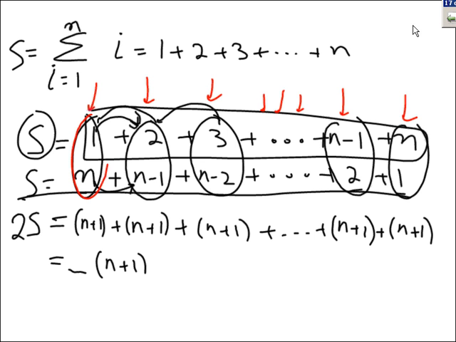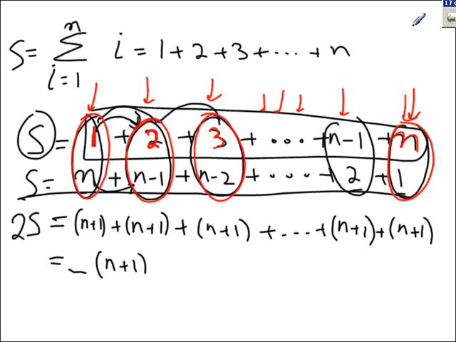This here is the first time we added up or obtained n plus 1. Oh, and there's a 1 there. How nice. This was the second time we added up n plus 1. Oh, there's a 2 there. Counting for us. Here's the third time we added up n plus 1. What do you know? It's 3. The last time we added on n plus 1, that was the nth time.